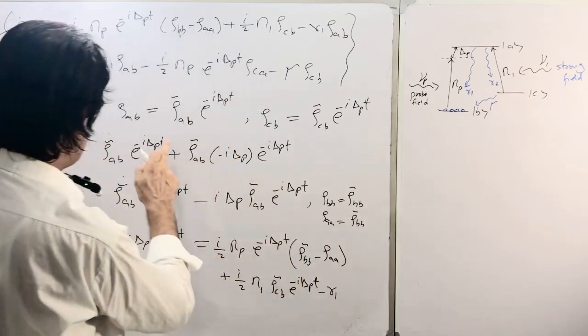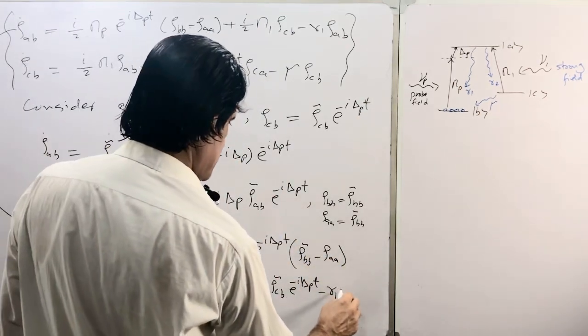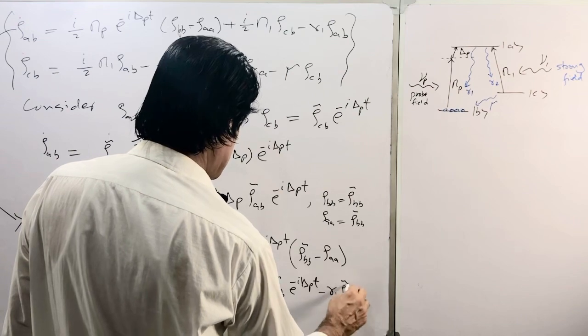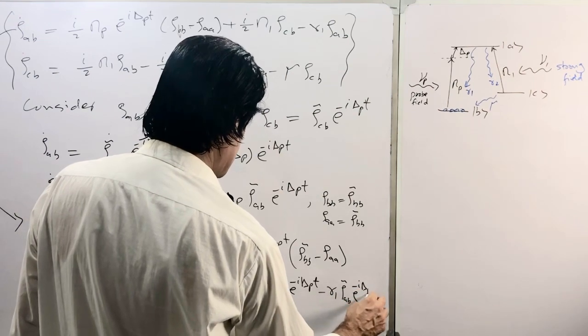Rho AB I have considered as rho AB e to the power minus iota delta pt.